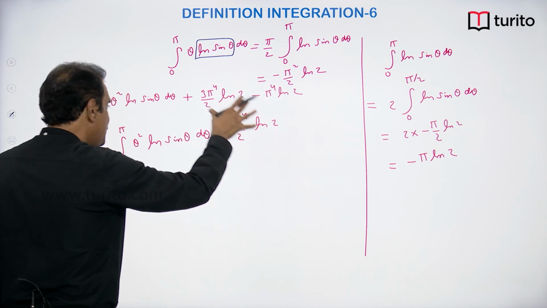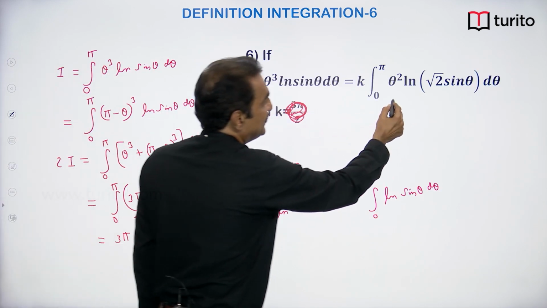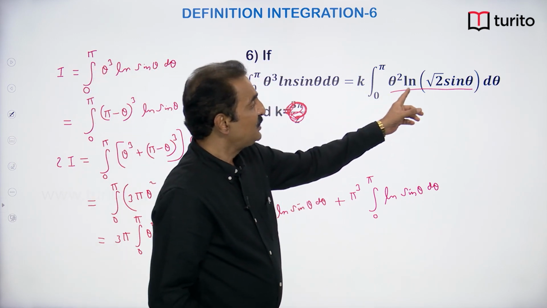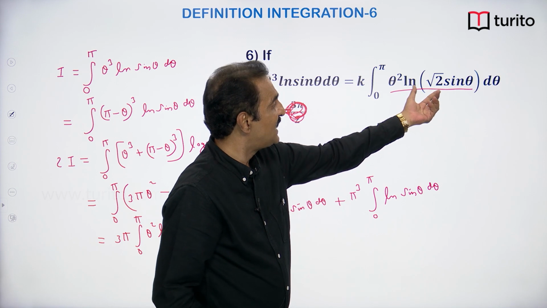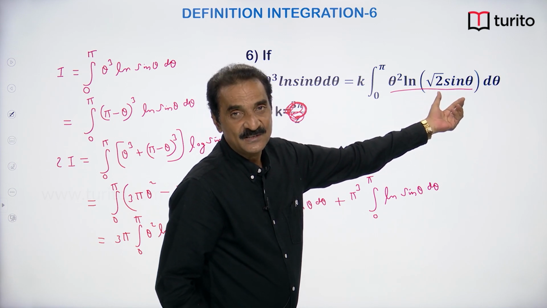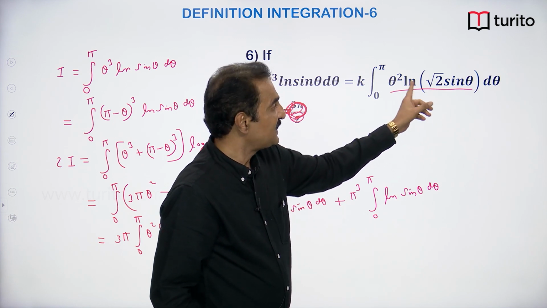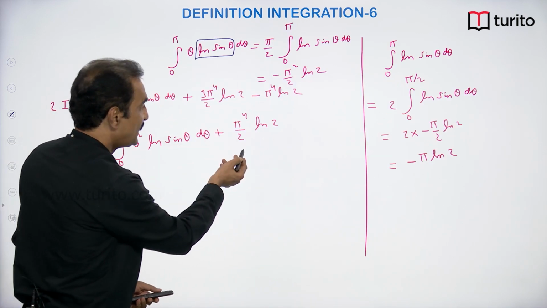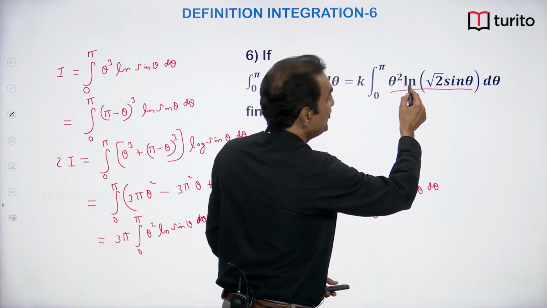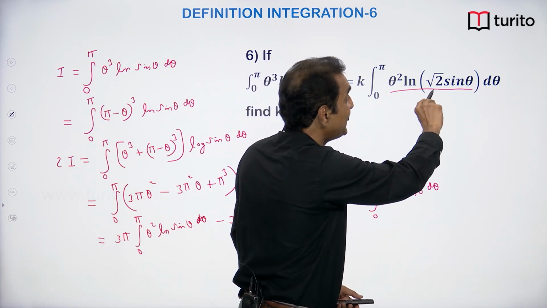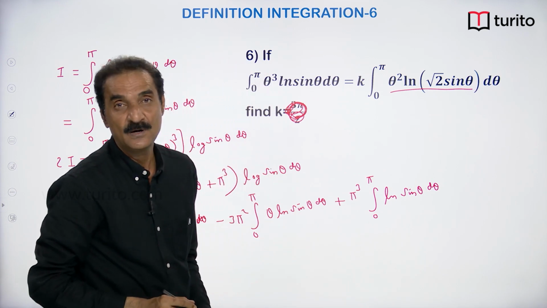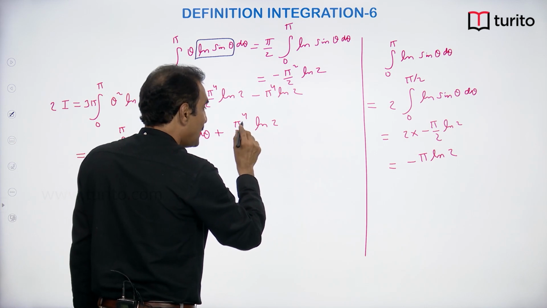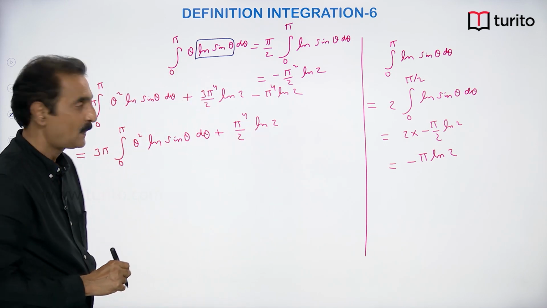Now I want to combine this and get theta square into ln root 2 sin theta. We can write this as ln root 2 plus ln sin theta. Multiplying the theta square, ln sin theta is already here. So what else do you want? Second term should be integral 0 to pi theta square ln root 2. Okay, then you will get the idea. We can write this half ln 2 as ln root 2.